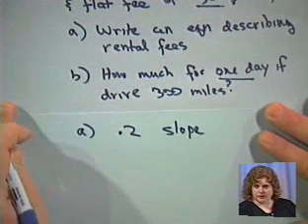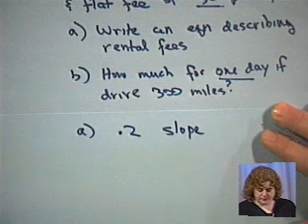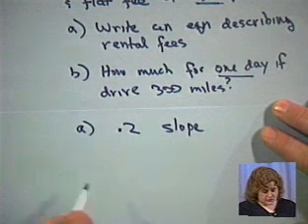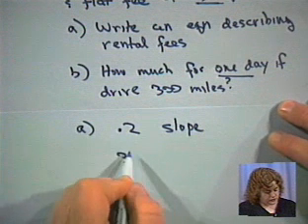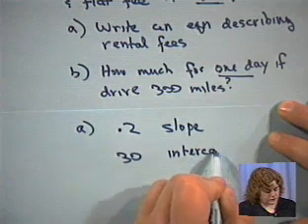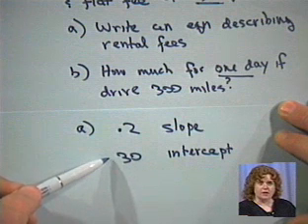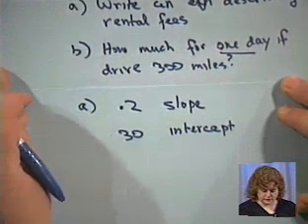However many miles they drive are going to be multiplied by that. And the flat fee, the $30, is your y-intercept. You'll notice I'm choosing to write 0.2 because that puts them both in dollars. I don't want to mix cents and dollars.